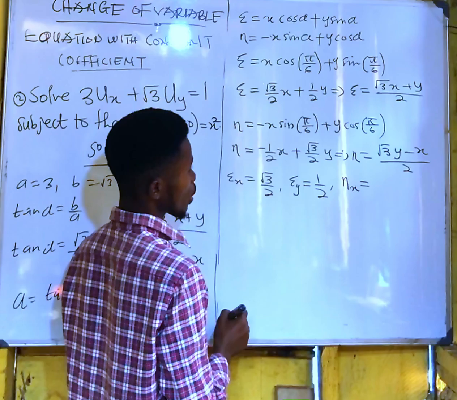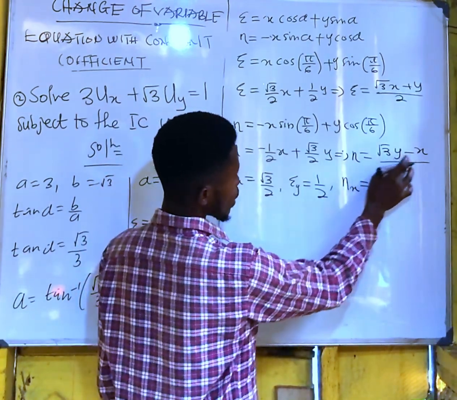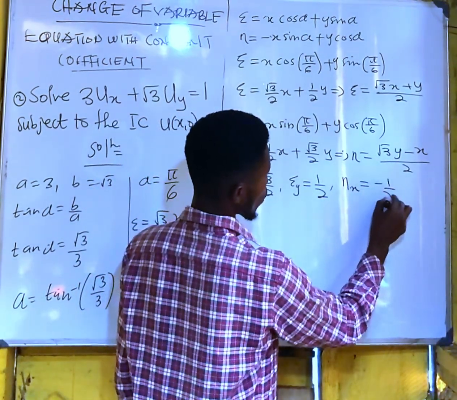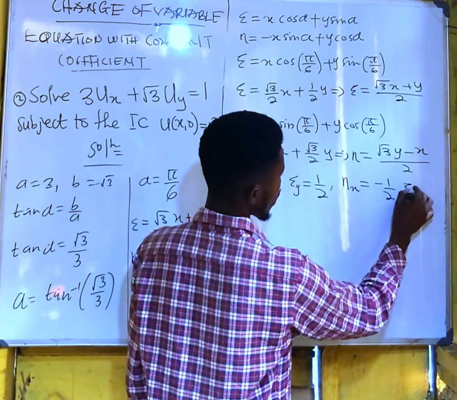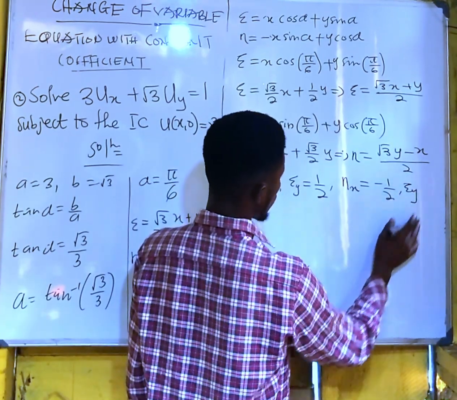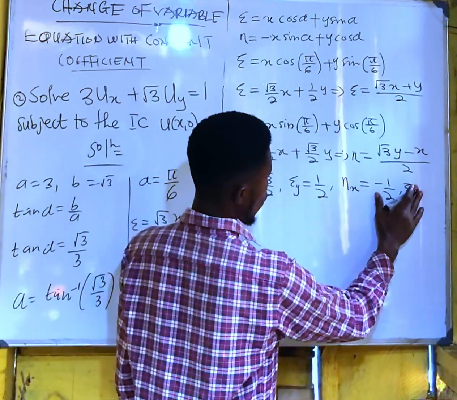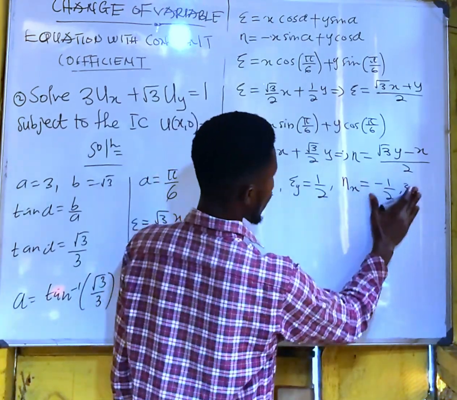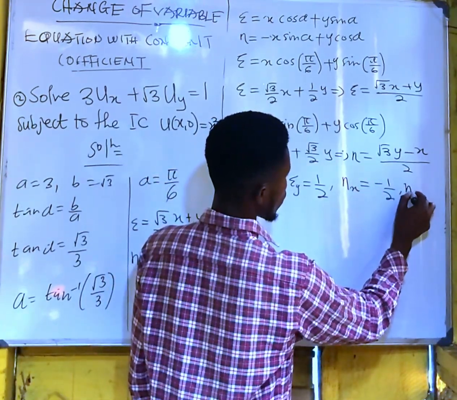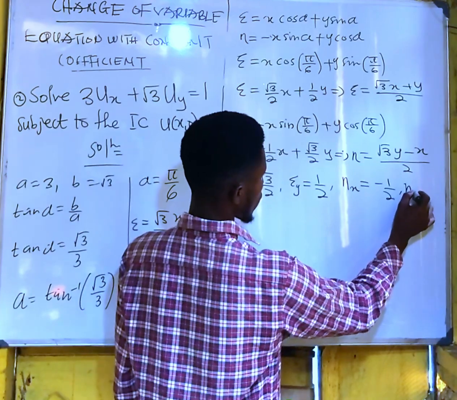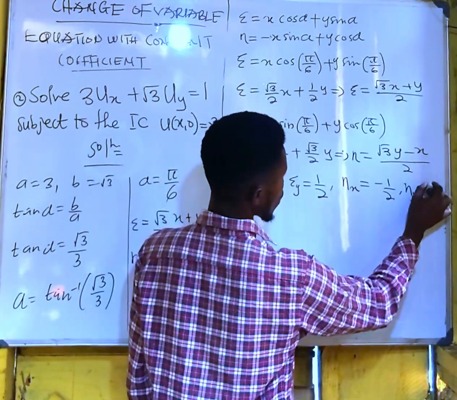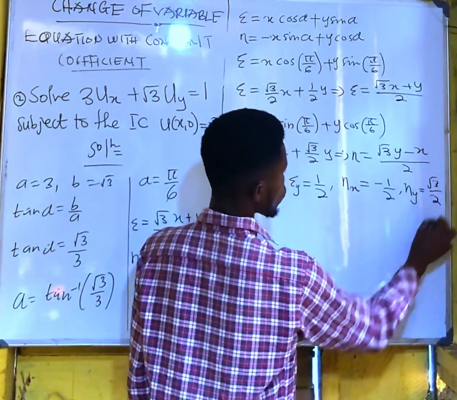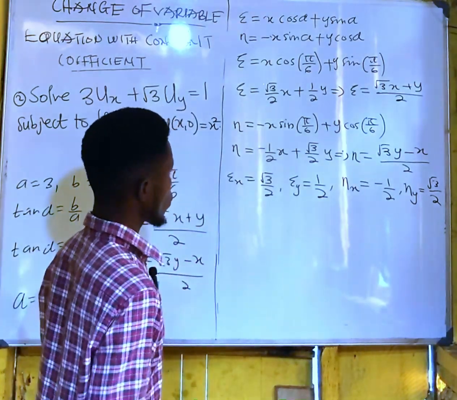Now if I also get eta with respect to x, that will give me negative 1 over 2. Then eta with respect to y will give me root 3 over 2. Is that okay? So this is what we are going to get.